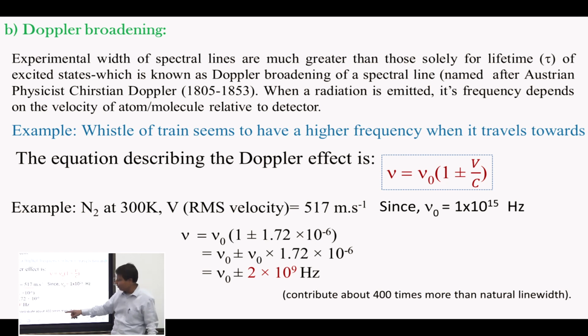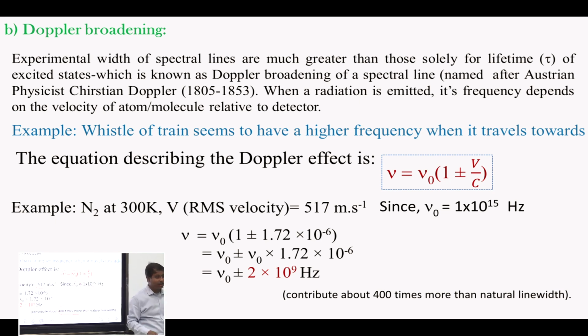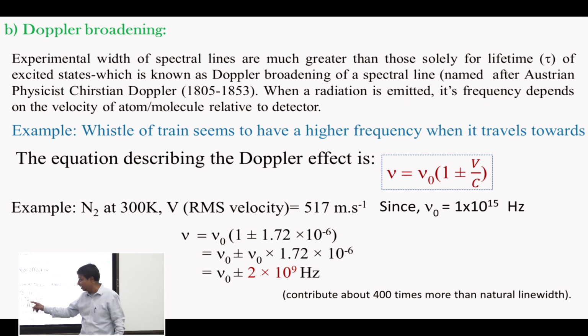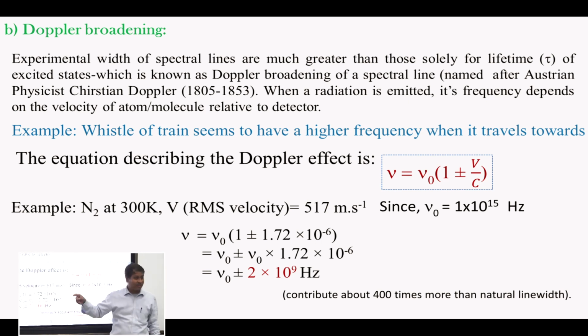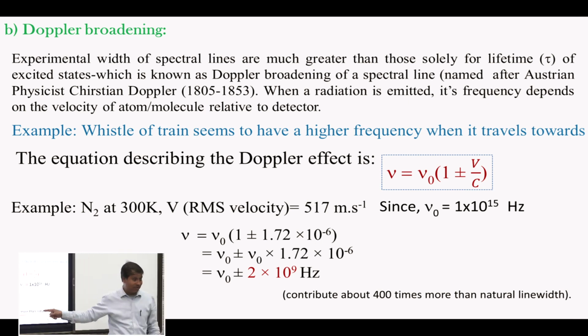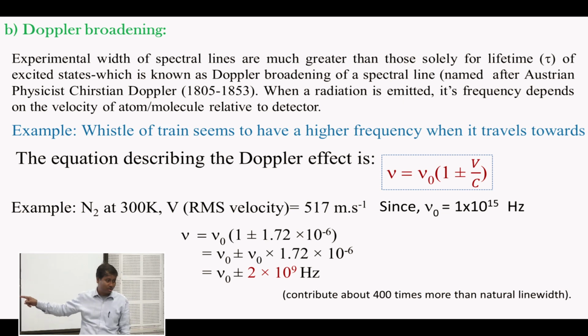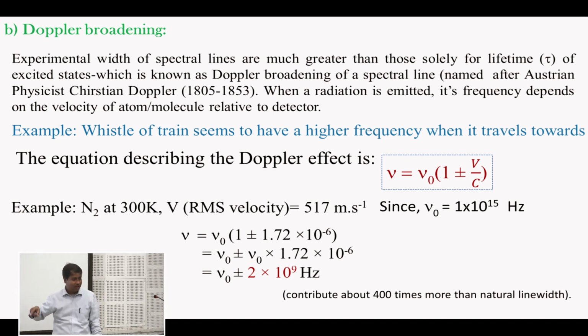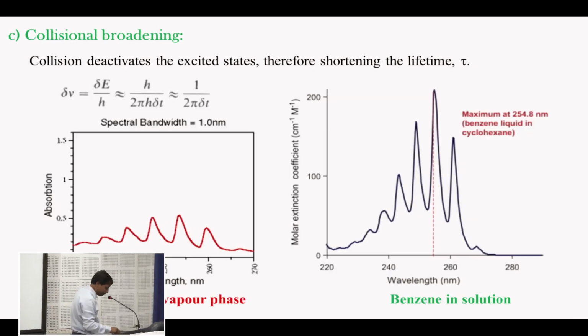Because of the Doppler effect you get a broadening that is even 400 times more than what the Heisenberg uncertainty principle gives. It is 10 to the power 9. There it was giving 10 to the power 6, now it is giving 10 to the power 9. So this affects more than the Heisenberg uncertainty principle.